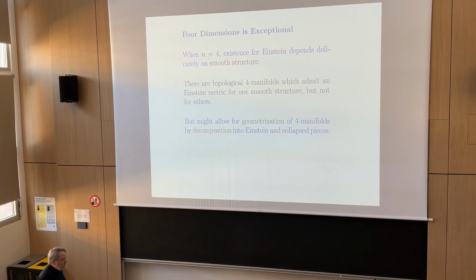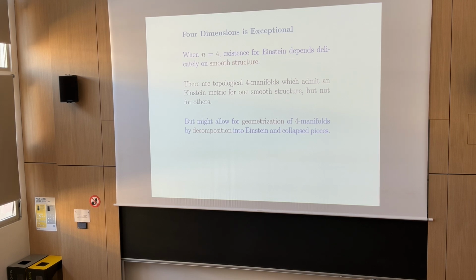Now, I mentioned before the role played in the proof of, for example, the Poincaré conjecture, but also more generally, Perelman's program actually led to the resolution of Thurston's geometrization conjecture, which is, given a three-manifold, show that it could be built up from standard pieces, each of which has a good geometry.